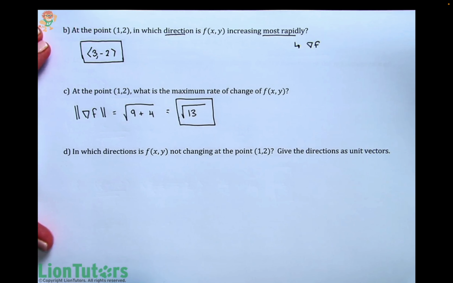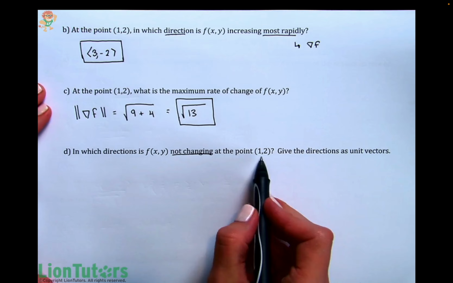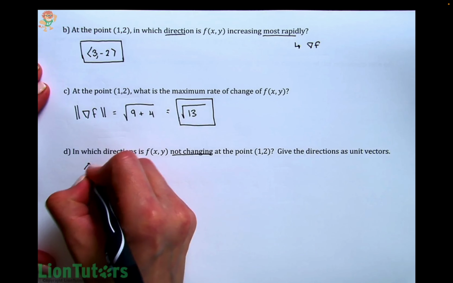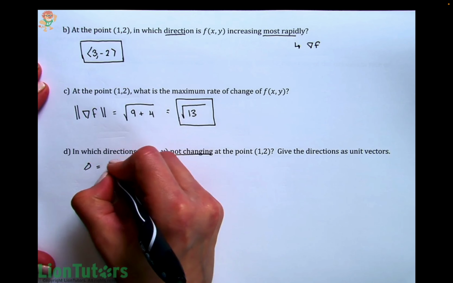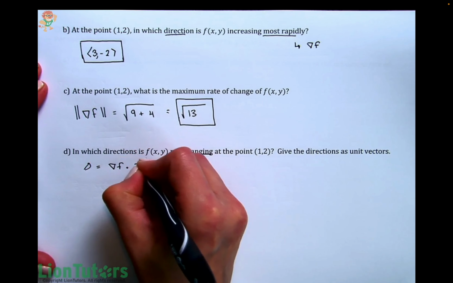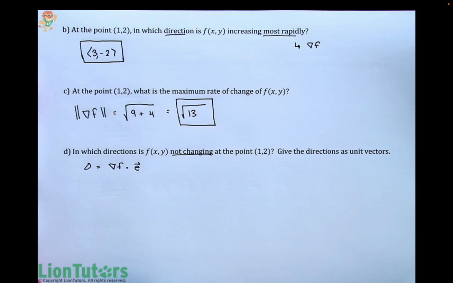And then part D says, in which directions is our function not changing at the point (1, 2)? Okay, so let's go back to what a directional derivative actually is. A directional derivative at a certain point tells us how much our function is changing at that point. And we computed our directional derivative by taking our gradient and dotting it with the unit vector in the direction that we need to travel.